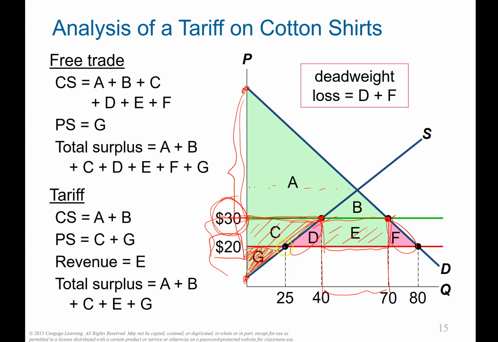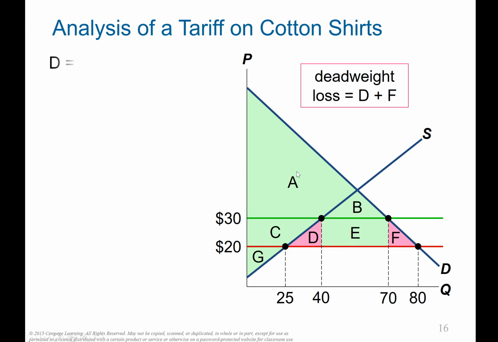So area D is production that did not happen, and area F is purchasing that did not happen because of the imposition of this tax and this higher price. So the areas you see in green are all benefits, right? Because A, B, C, G are all increases in producer and consumer surplus, and E is a positive benefit to the government in revenue. But areas D and F didn't happen because of those changed incentives.